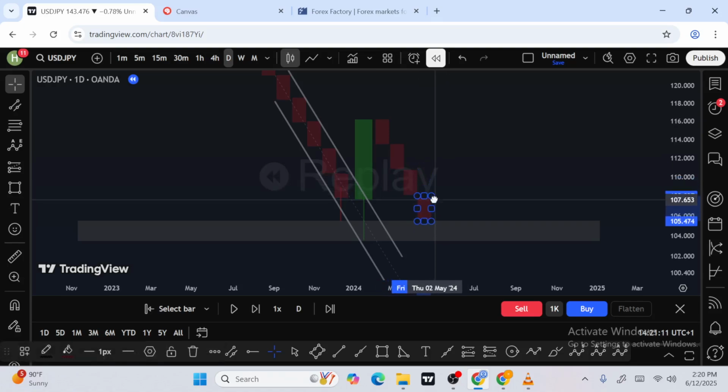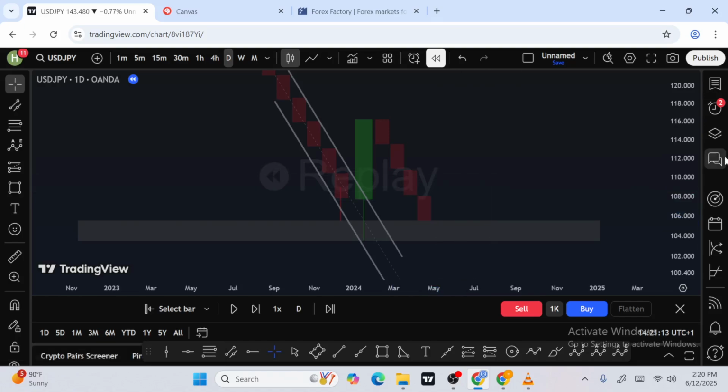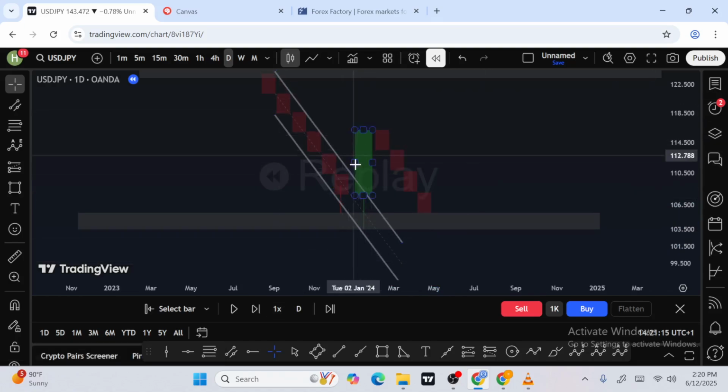Now, if this market continues to sell like this, boom, this is still valid. The body of the candle must close below this to tell you that this candlestick pattern that gave you this signal has failed. Do you get it now?